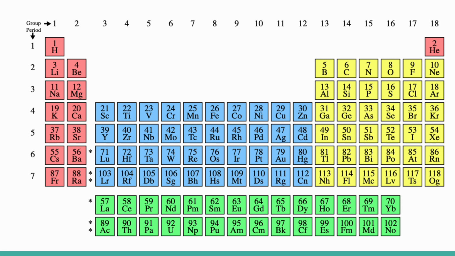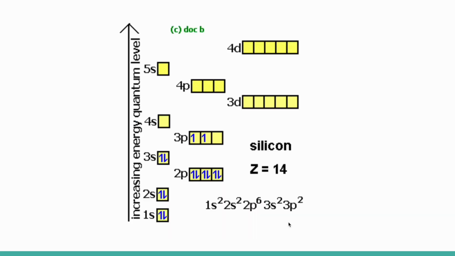The square bracket is crucial, and then only list the electron configuration after that point. So for example, if we were doing the titanium example, we could put argon in square brackets, [Ar], and then after that only put 4s2, 3d2. The reason for that is that it means we don't have to list out all of the periods prior to it, which makes it simpler and easier to write.